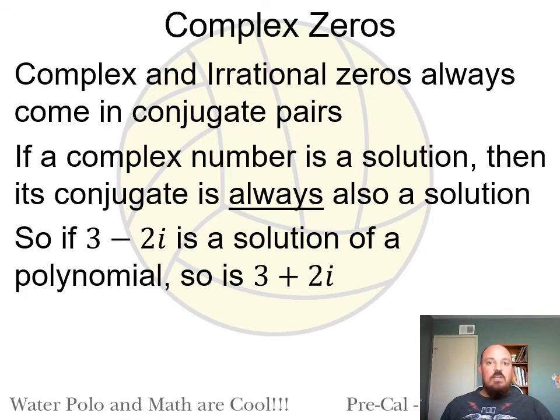So let's say in one question we realize that 3 minus 2i is a solution, or a 0, of our polynomial. Then without doing any more work, we automatically know its conjugate is too. And remember, this is what conjugate means. It's the same complex number, but with a different sign in the middle. So if 3 minus 2i is a solution, so is 3 plus 2i. Automatically, without you doing any work, you know that. So complex zeros always come in 2s. They always come in pairs. And they're always conjugates, each pair.